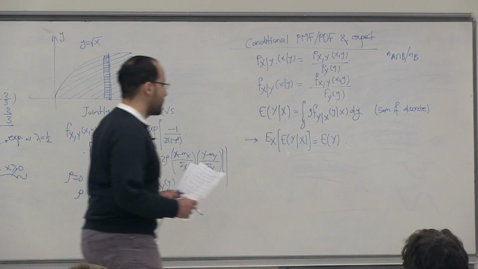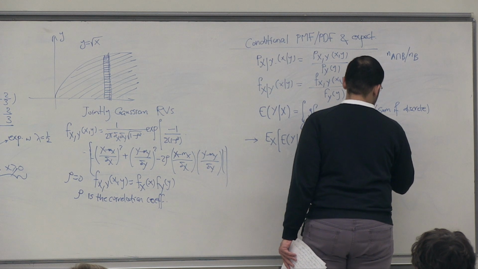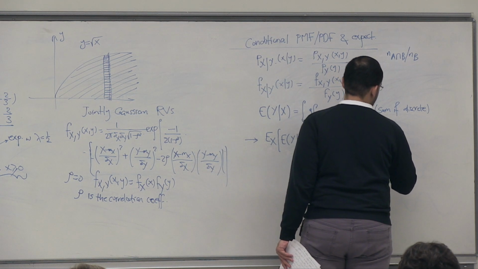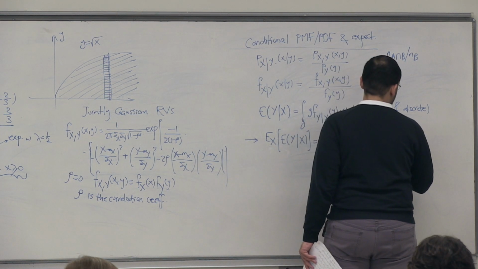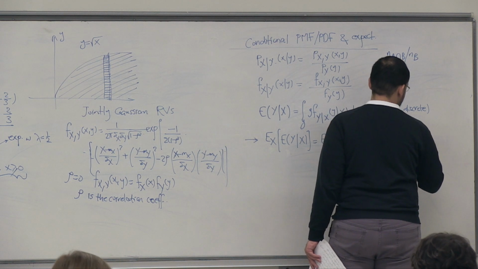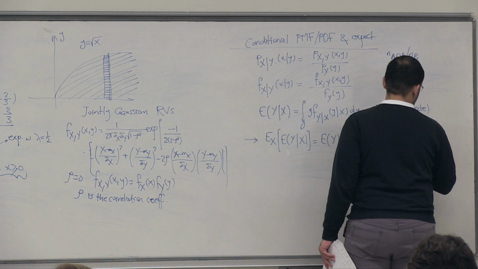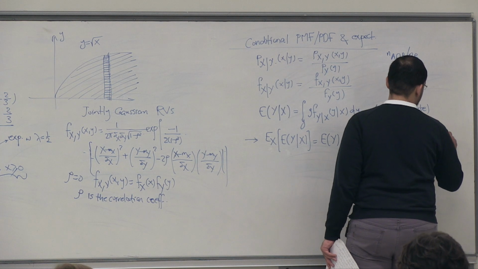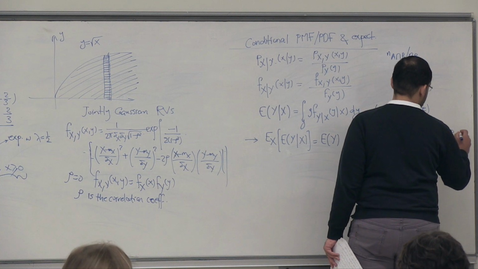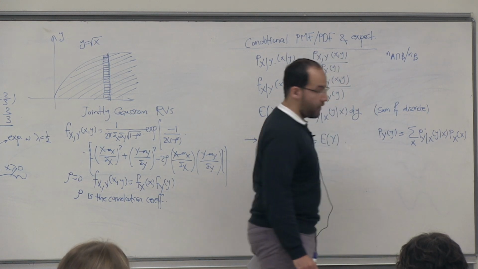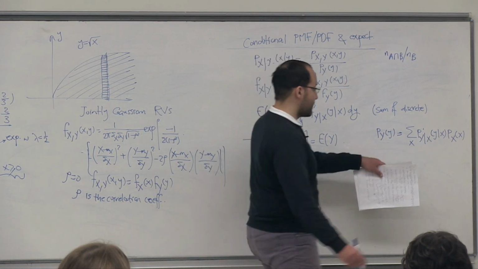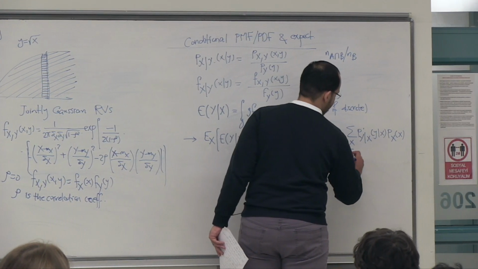What was the total probability theorem? It was that you can get the probability of y from the summation over x of p y given x of y given x times p x of x. Right? What is this? Can't I write this as this guy?